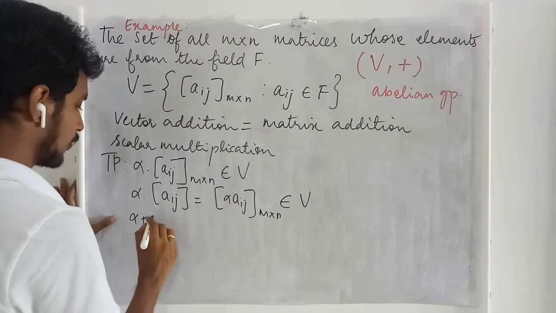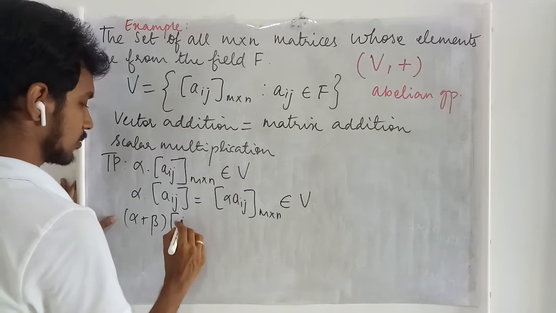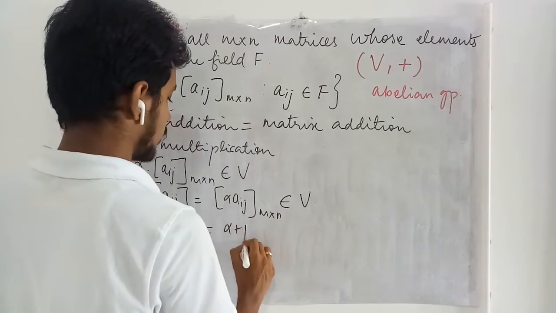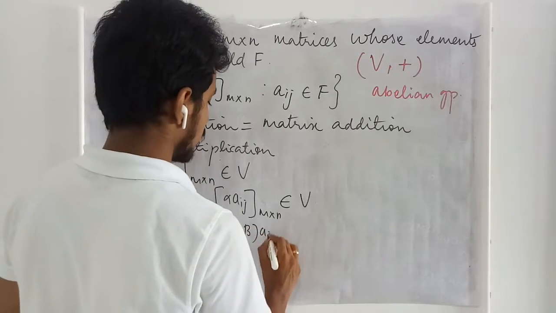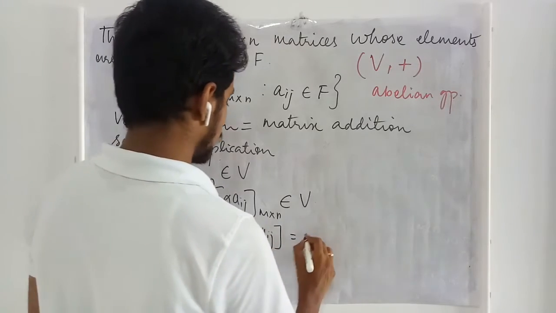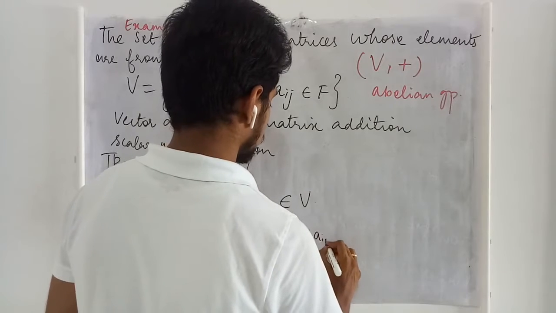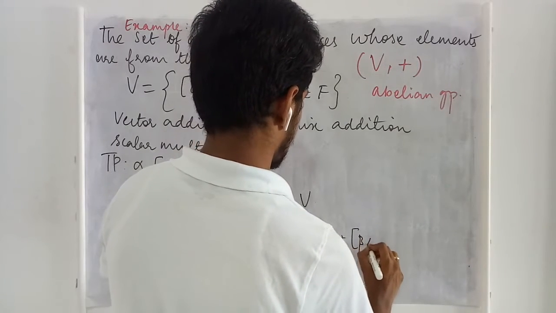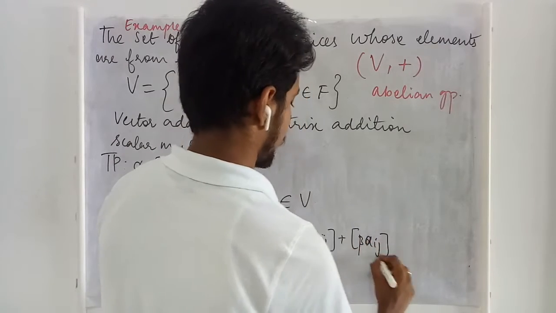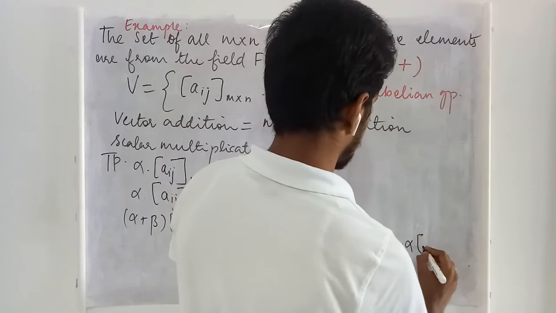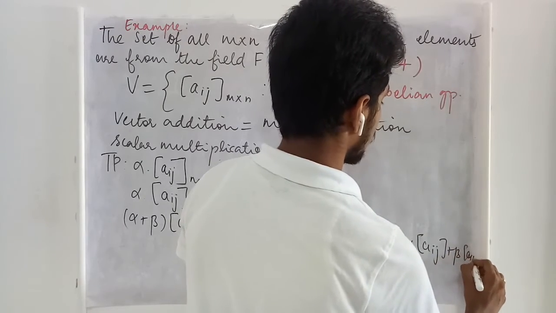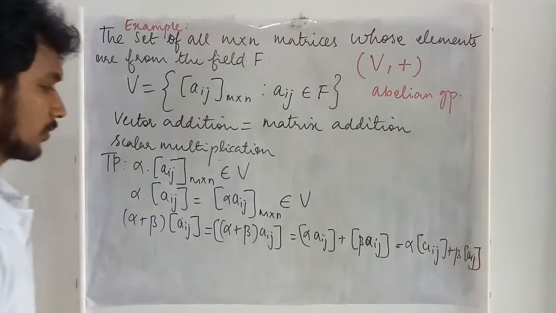Next, when you have this, it can be written as alpha plus beta times Aij, and you multiply and you can segregate this. And this happens to be alpha times Aij plus beta times Aij.